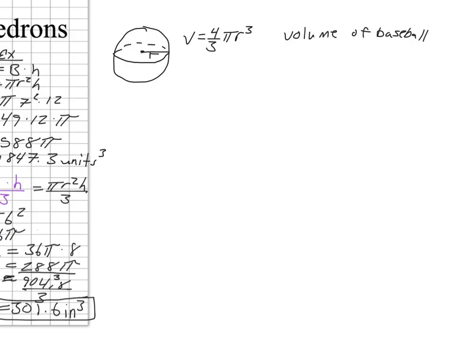But for me, I don't have anything right now to put the baseball in, but I do know that the radius of a baseball is approximately 1.45 inches. Okay, the radius of a baseball is 1.45 inches.